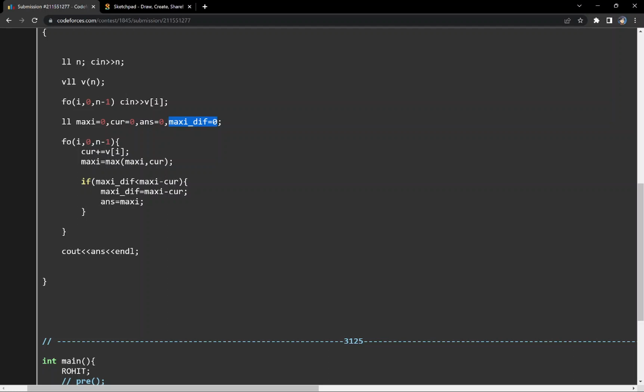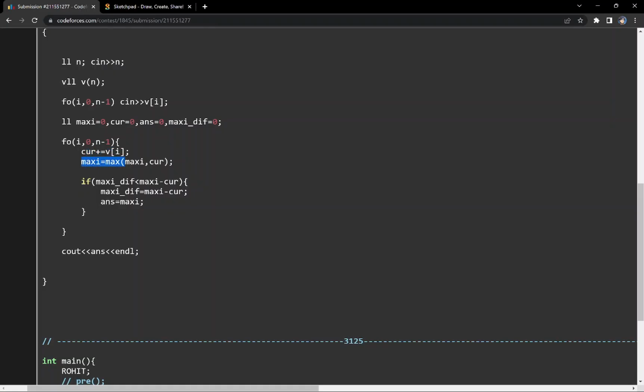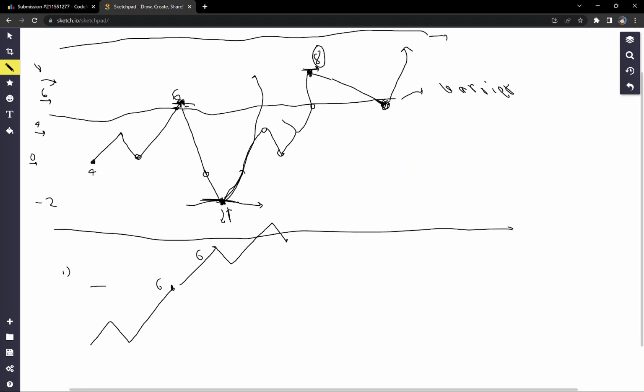So we will have a current value which denotes what our current rating is, and then the maximum will store the maximum till now.